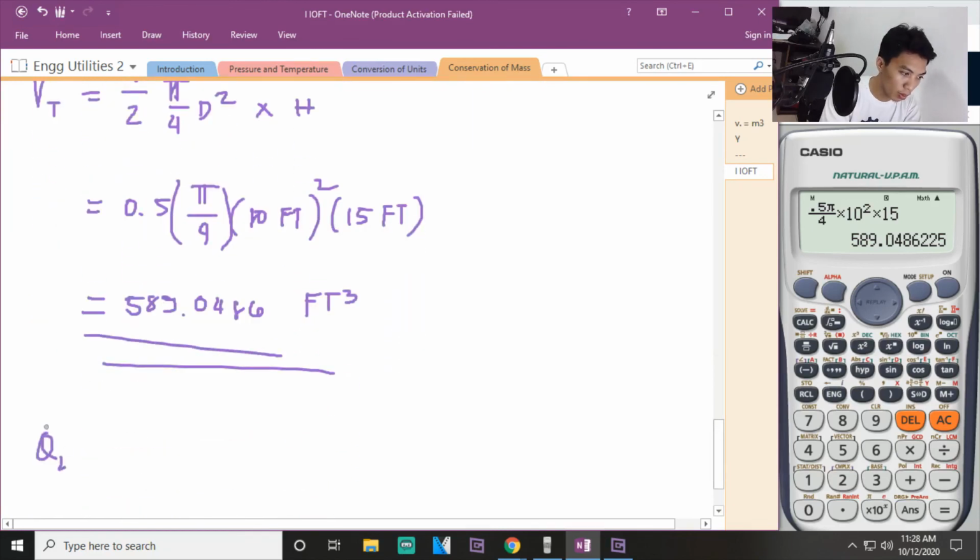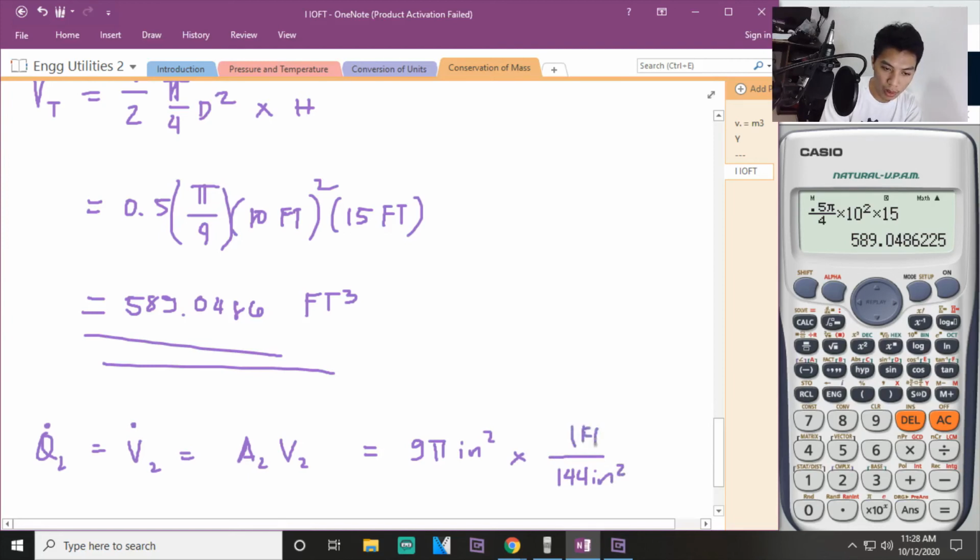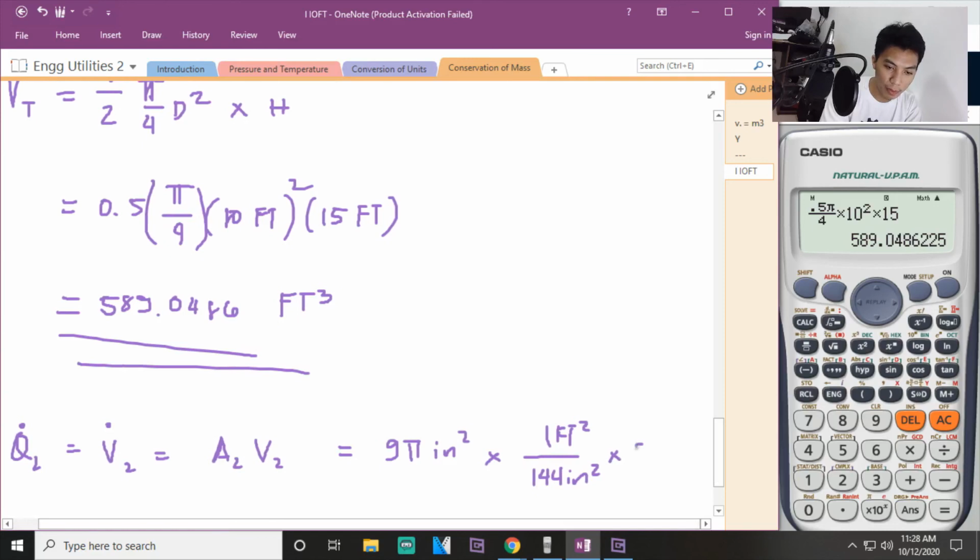Q2 equal to V2. Equal naman to sa area 2, velocity 2. Ano ba yung area 2 mo? 9 pi inch squared. Multiply mo na agad ng 144 inch squared. Ito yung isa. 1 feet squared. Times. Yung velocity which is 5 feet per second.